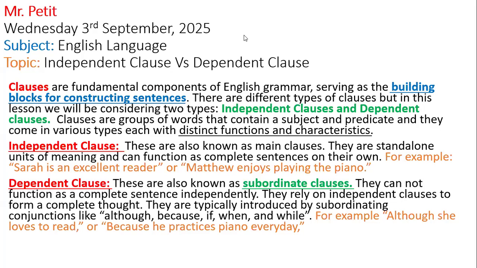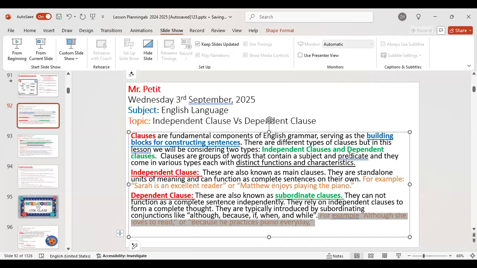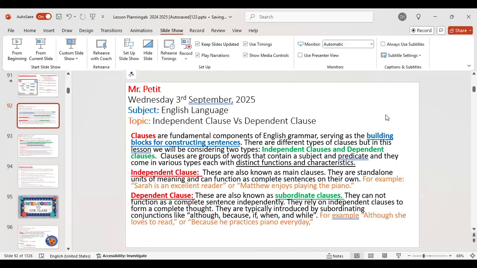Bridget, do you have this written now? Cristiano, you finished writing this now?